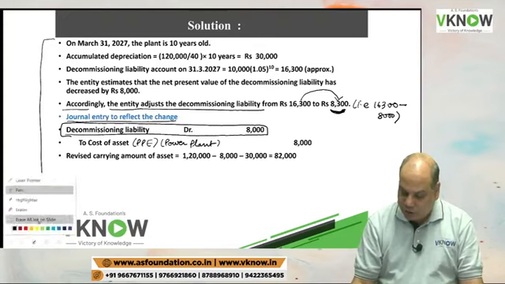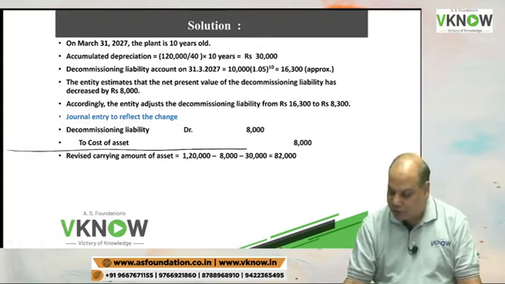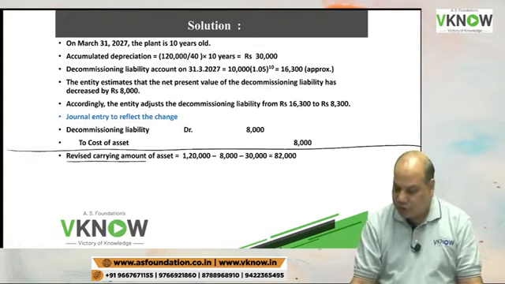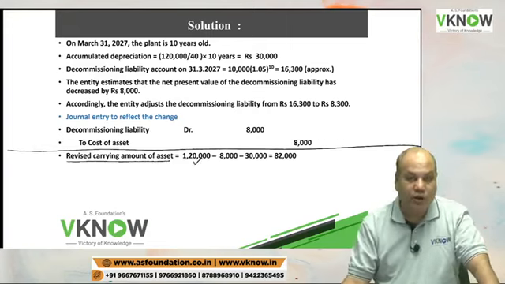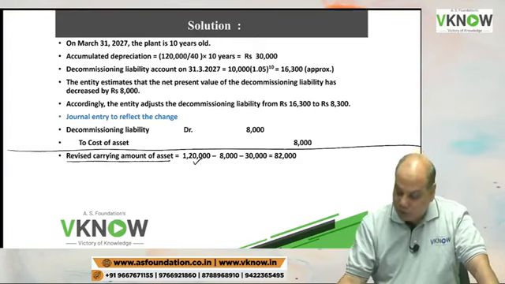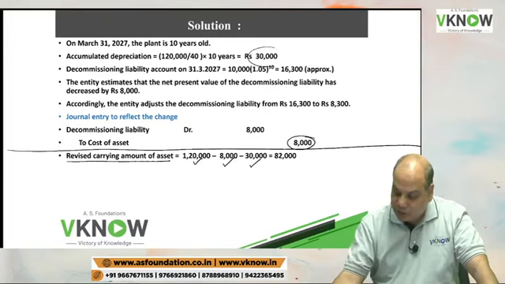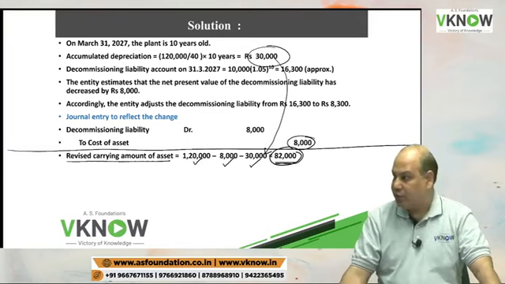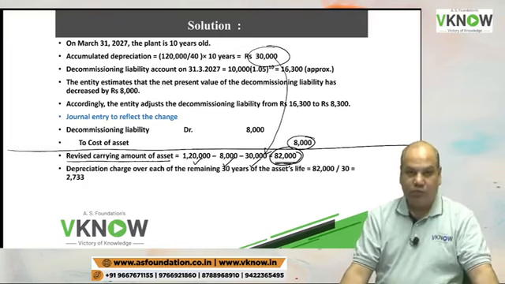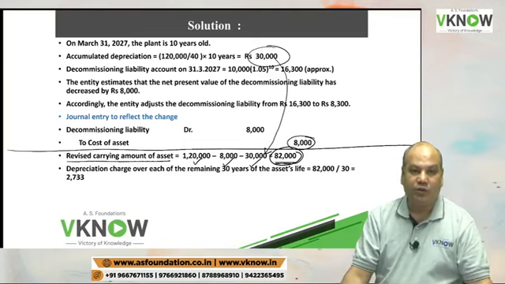Now write down the revised carrying amount of the asset. Original cost 1,20,000 minus this 8,000 reduction minus this 30,000 accumulated depreciation. Therefore, now the PPE account will have a balance of 82,000 and the remaining life is 30 years, 40 minus 10.